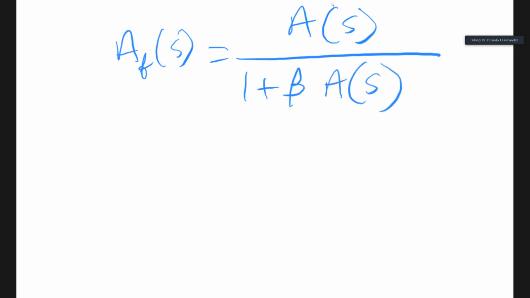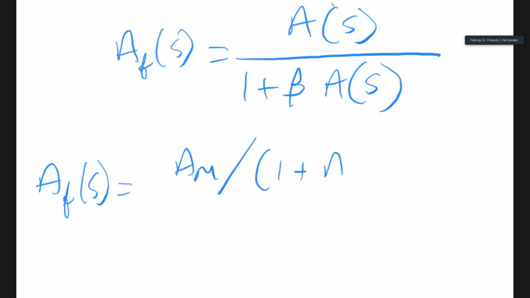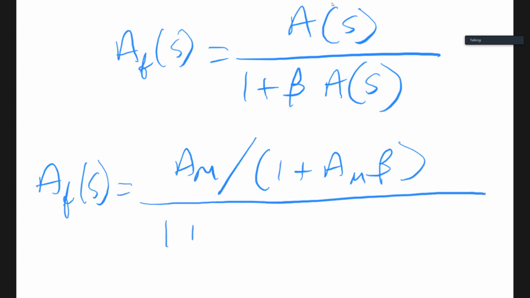And we can then expand that using the expression of the open loop gain from the previous screen, and we get this constant divided by this expression, with omega H.